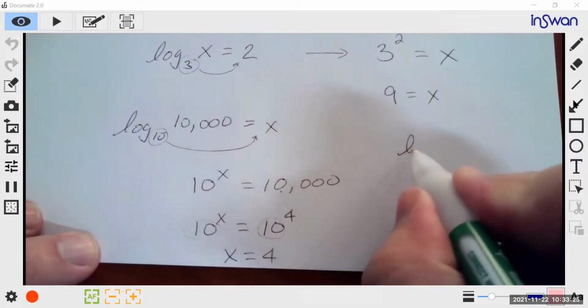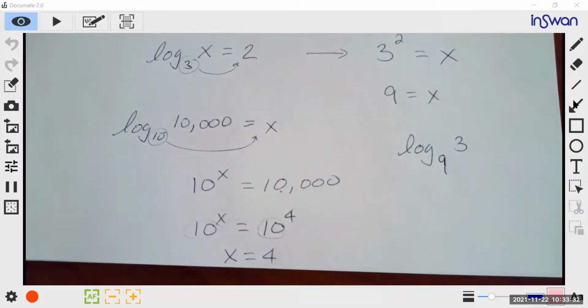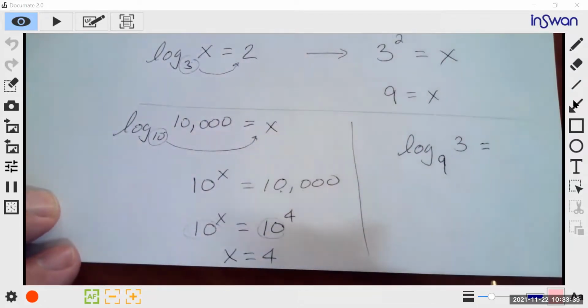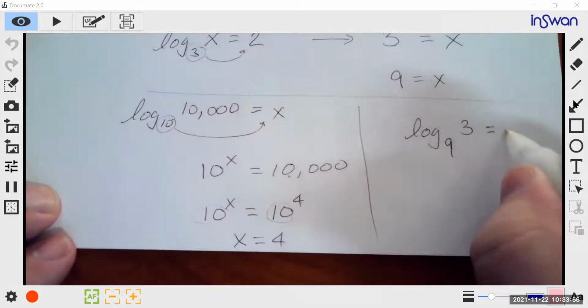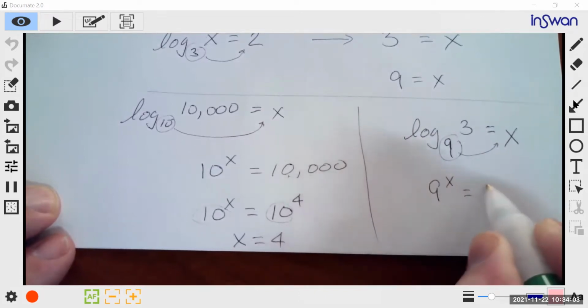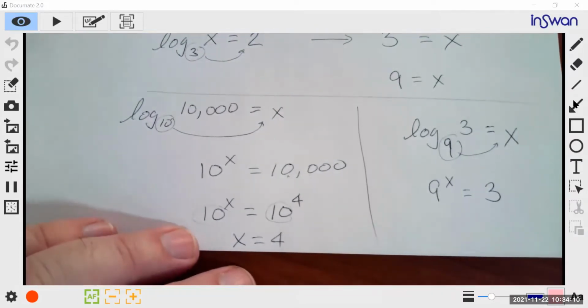How about this one? Log base 9 of 3. This will take some thinking.